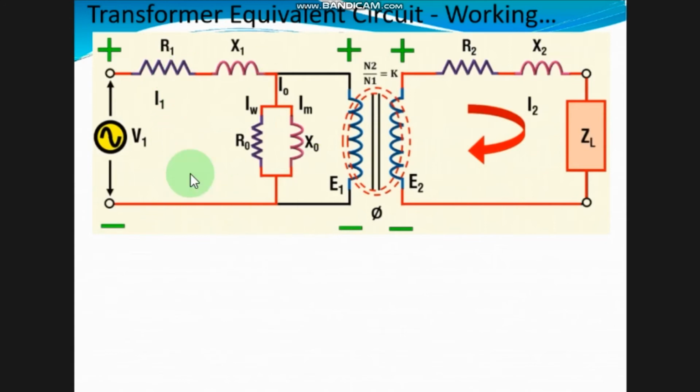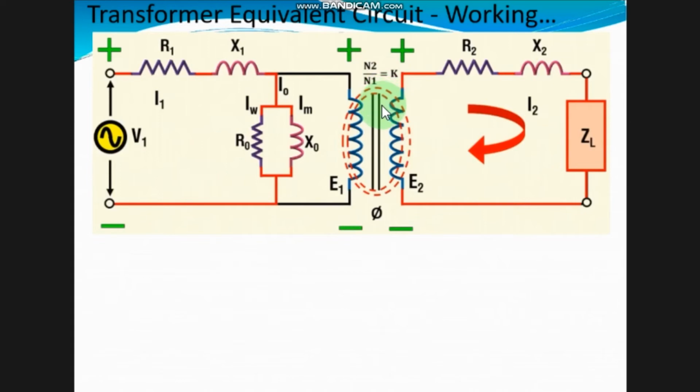And this is the primary side of the transformer, and this is the secondary side of the transformer, and we consider this part as the ideal transformer, where we have no kind of losses.